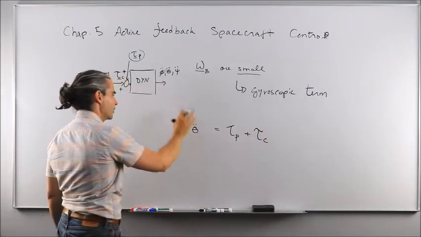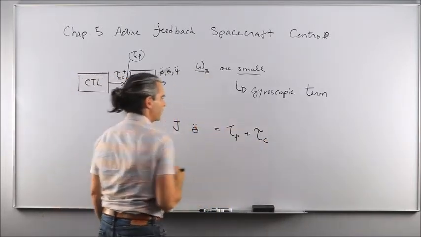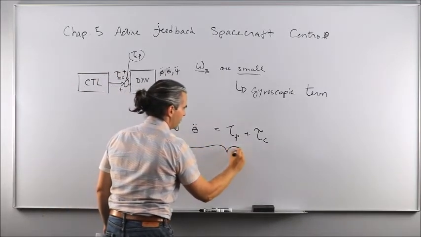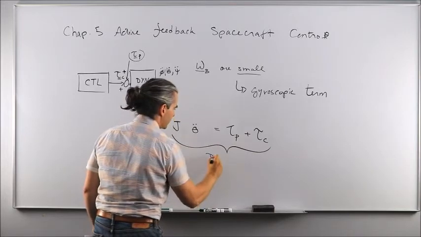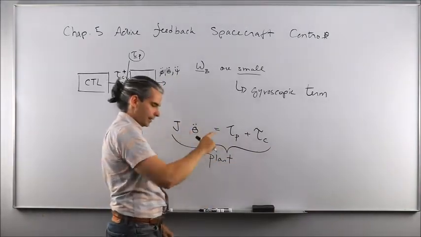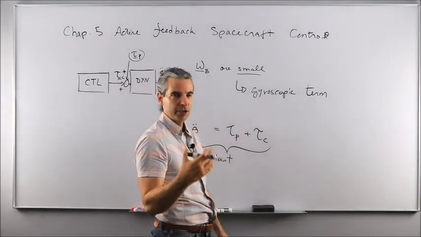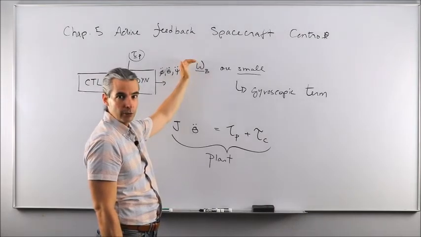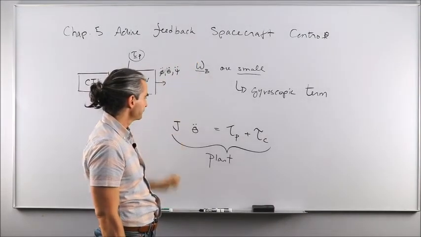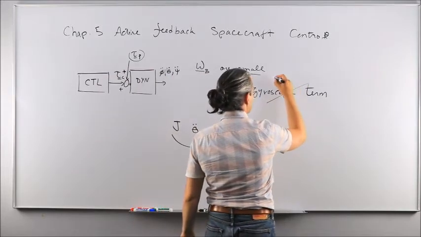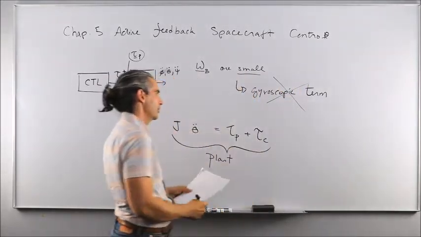Okay? And we're going to call this the system which we're trying to control, or in control system theory, this is widely referred to as the plant. So our plant is a single axis in terms of rotational motion of a spacecraft whenever the angular velocity vector is small in terms of its x, y, z components, such that we've been able to neglect the gyroscopic term in the equations of motion.